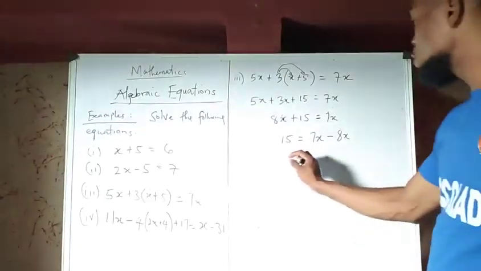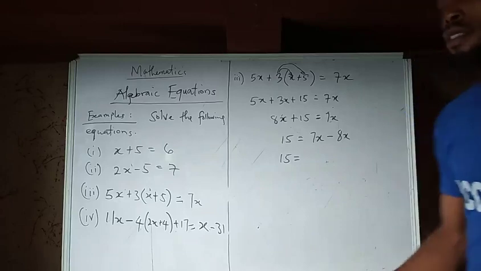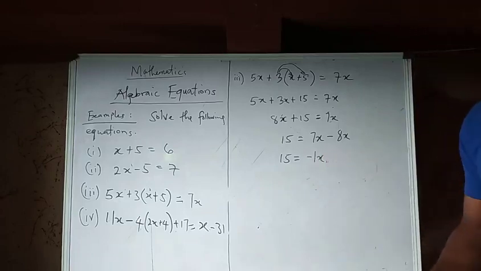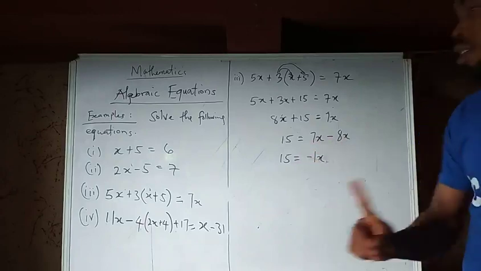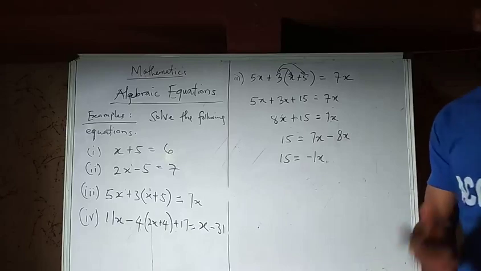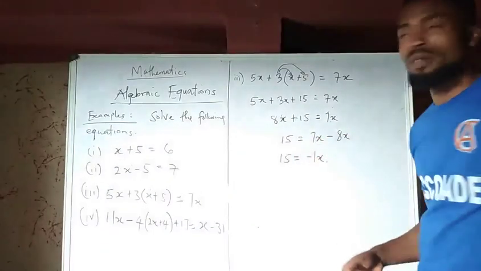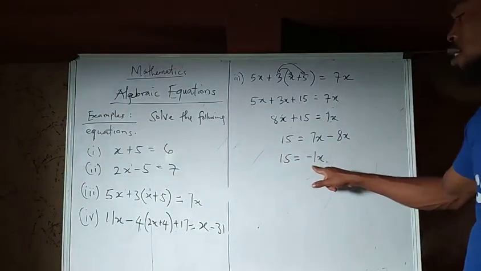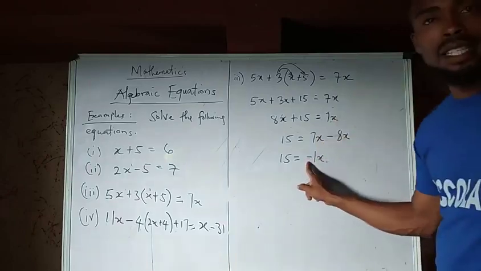So this will now become 15 equals 7x minus 8x, which gives us minus 1x. Actually 8x minus 7x is 1x, but now that we are removing a bigger number from a smaller number, we get a deficit of 1x.